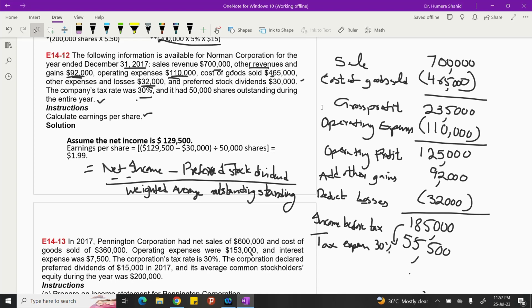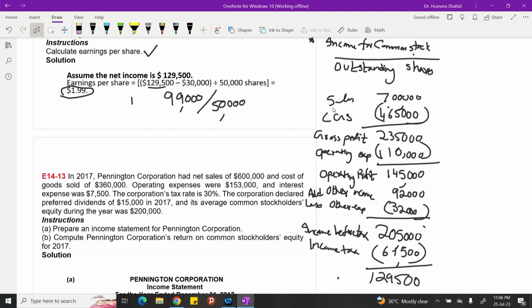If I deduct this tax expense from my income before tax, I get my net income of 129,500. Now this net income I'll put in the formula: net income minus preferred dividend divided by outstanding shares. All this information is given in the question. So my earnings per share comes up to $1.99. Let's do the next question.